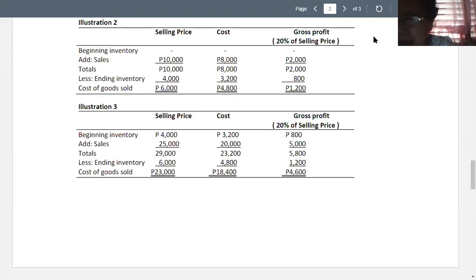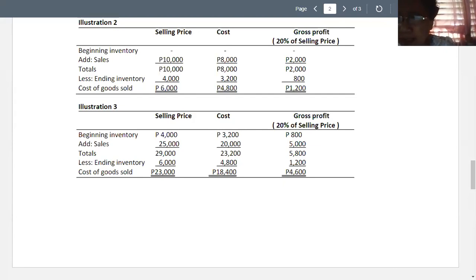Okay? Add realized profit in the beginning inventory for the downstream sale.